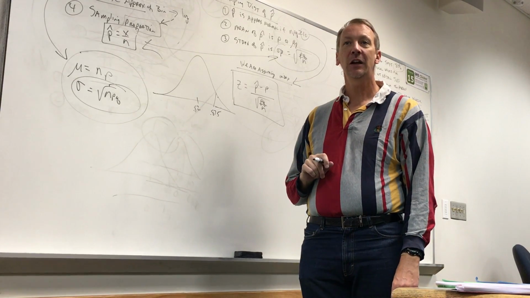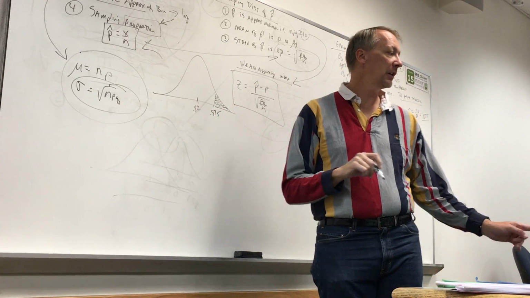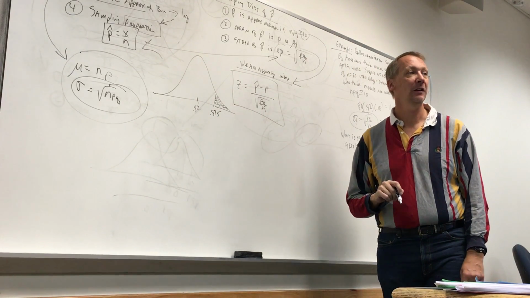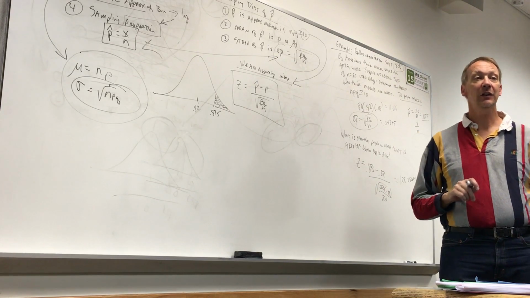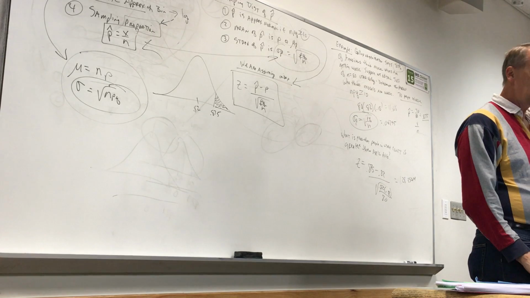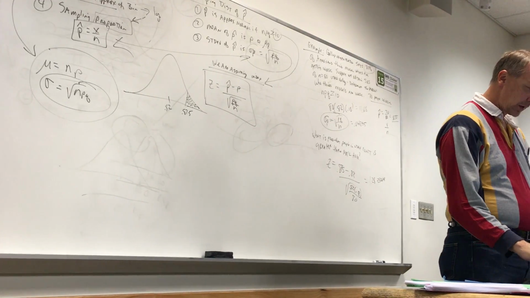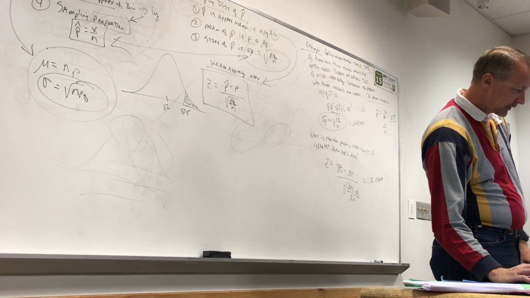What area do I want to shade? I want to shade the right side. If I'm using my computer, what is Excel going to shade for me? The left. So if this is my z-score, and I want the right side, how do I get the right side? 1 minus NORM.S.DIST of that.